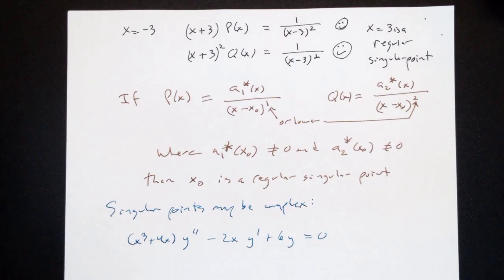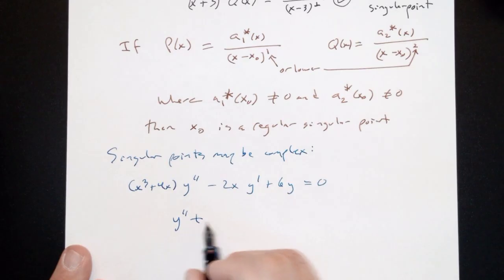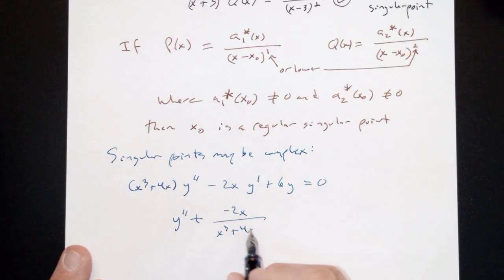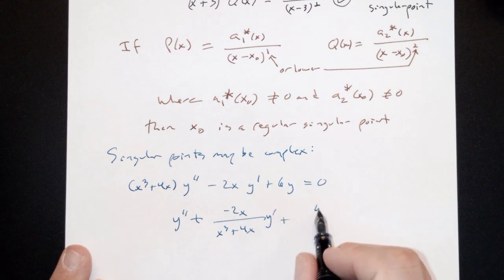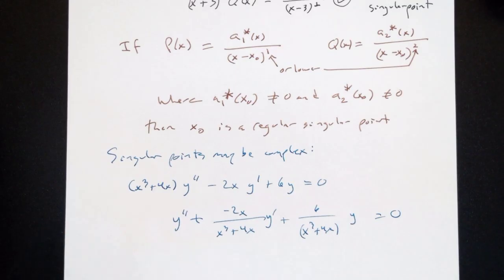If I rewrite that, I'm going to get y double prime plus -2x over x cubed plus 4x y prime plus 6 over x cubed plus 4x y. Wait a minute. How does that denominator factor?